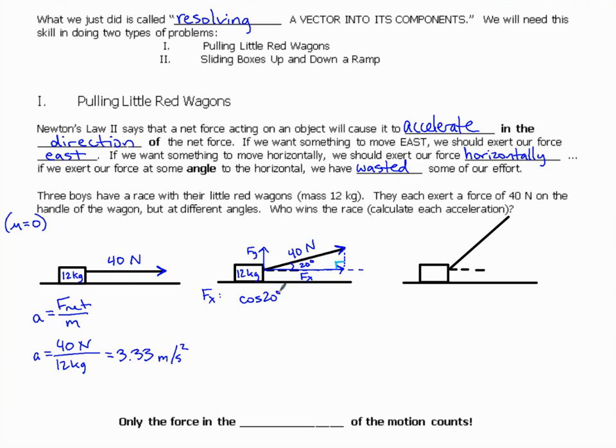Cosine of 20 degrees equals the adjacent, which is the horizontal force, over the hypotenuse, which is 40 newtons. The force in the x direction is 40 cosine of 20 degrees. And so we find that the horizontal component of the force is 37.59 newtons.